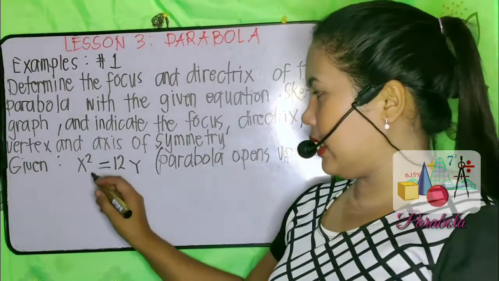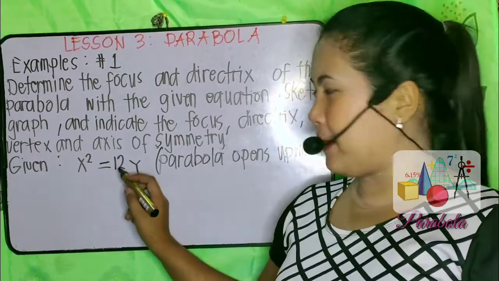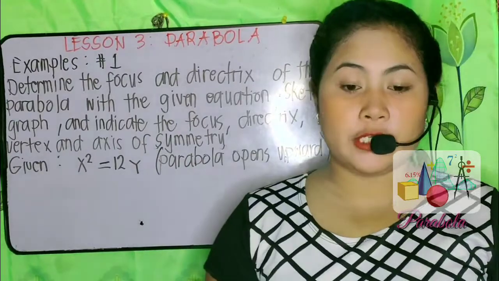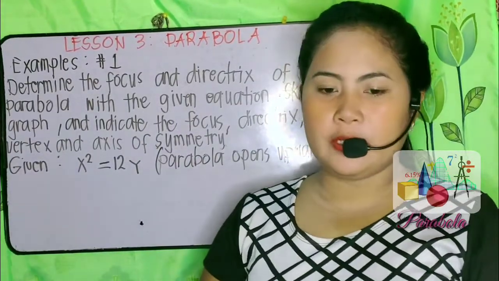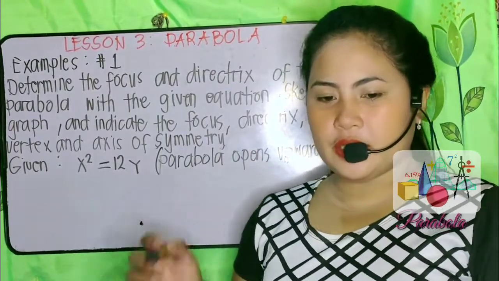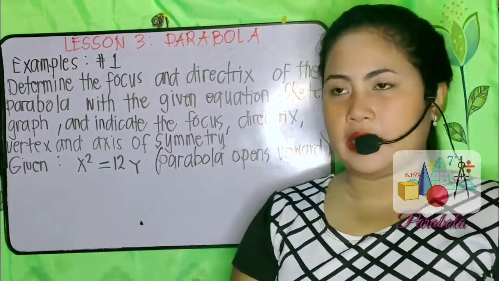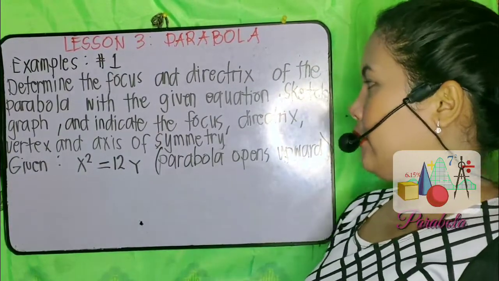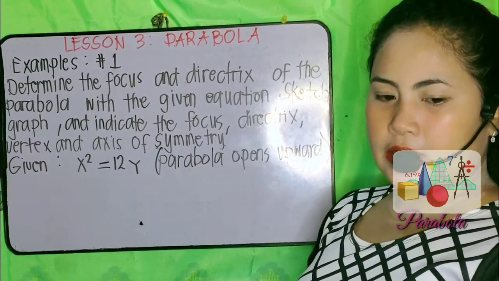Why? Because based on the given equation, which is x squared equals positive 12y, therefore, the parabola opens upward. And we're going to use the equation (x minus h) squared equals 4a times the quantity (y minus k). So now we're going to identify the vertex, focus, directrix, and the axis of symmetry.